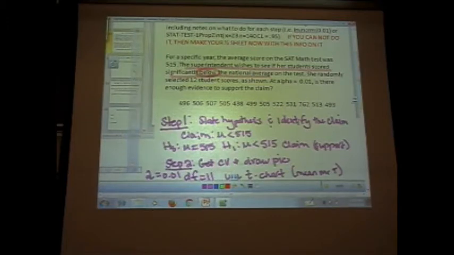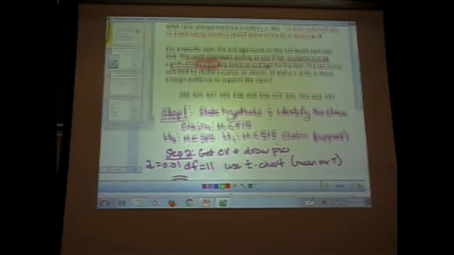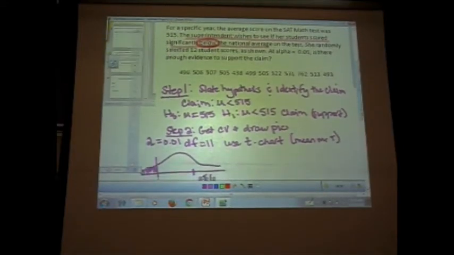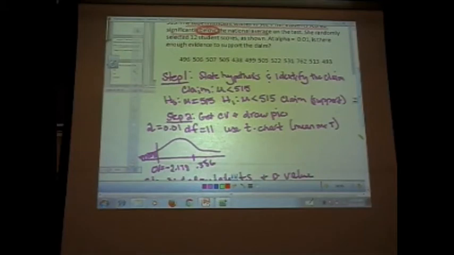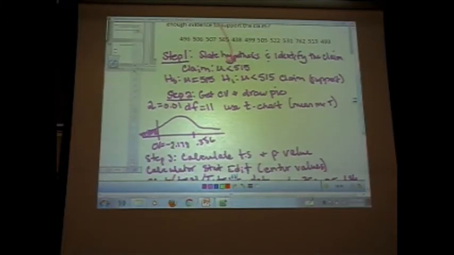So my claim is that mu is below 515. So my H naught is always equal, so mu is equal to 515, and H1 is my claim, and it's that mu is lower than 515, and I wrote support next to that to help me later.